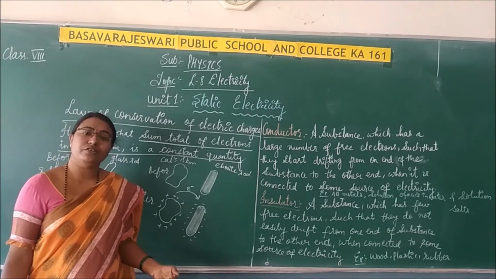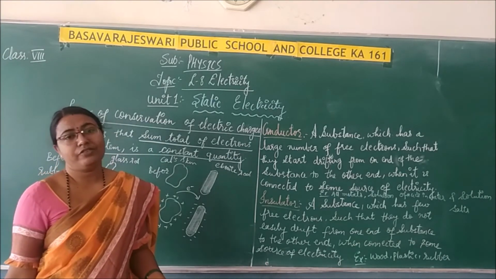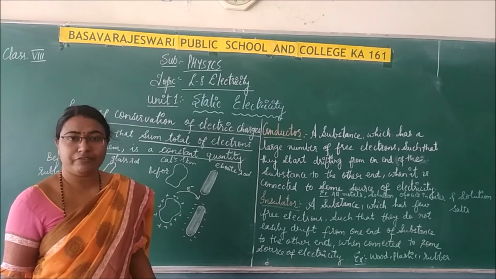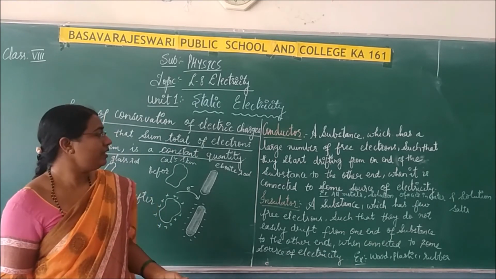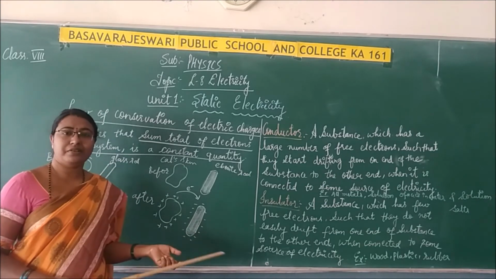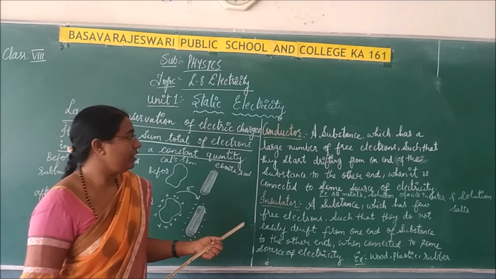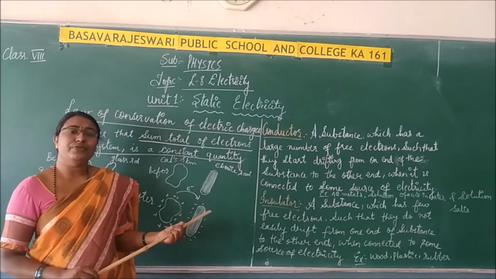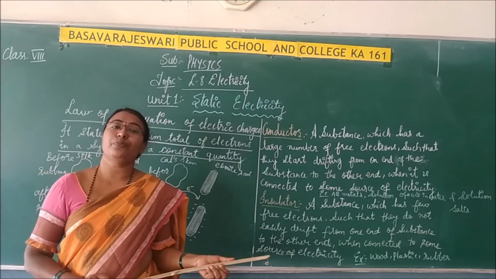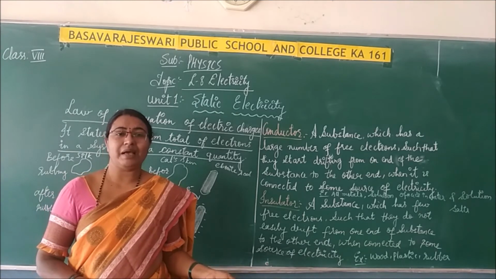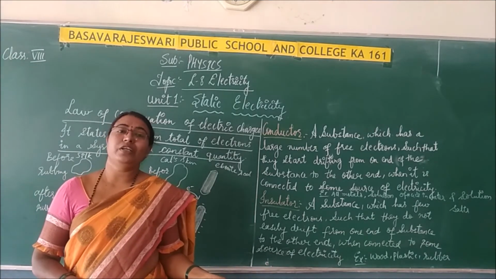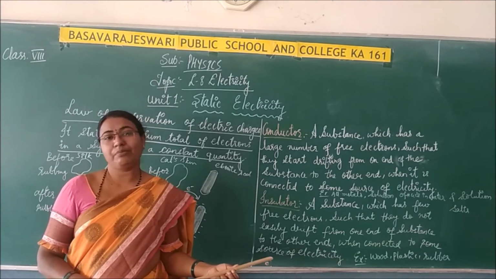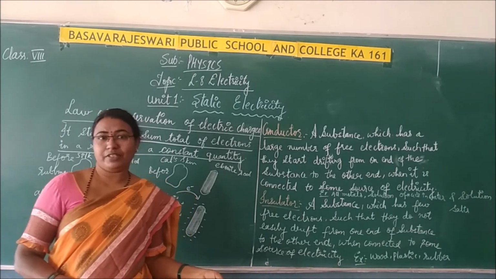We learned metals like copper wire; most metals are good conductors of electricity. The materials which do not allow electricity to pass through them are called bad conductors. We learned wood, plastic and rubber are examples of that.